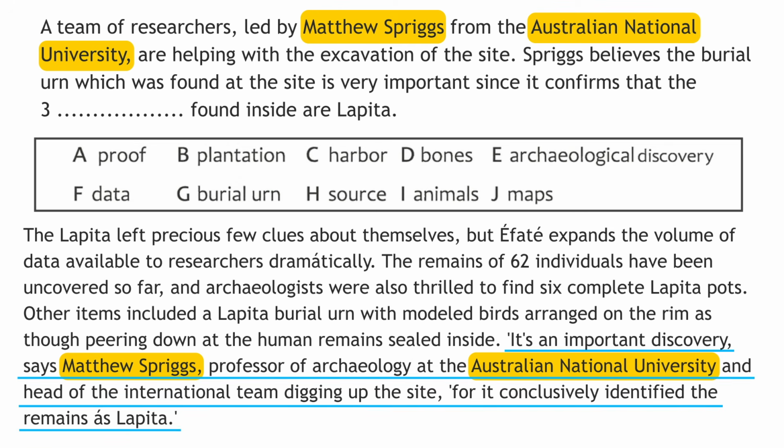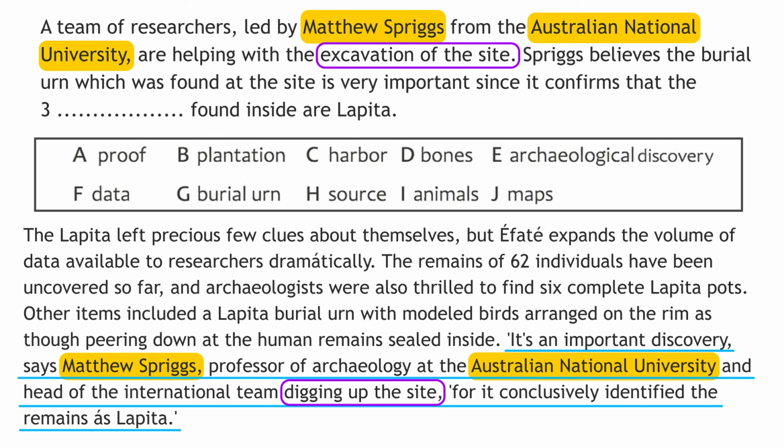It's an important discovery, says Matthew Spriggs, professor of archaeology at the Australian National University and head of the international team digging up the site. This is very important. Digging up the site is the synonym word for excavation of the site, for it conclusively identified the remains as Lapita.